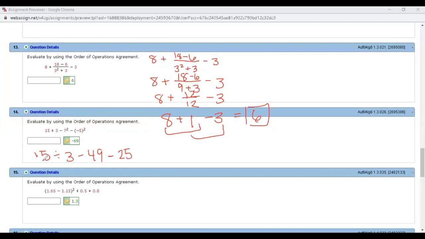Then we have to do 15 divided by 3, which is 5. So we got 5 minus 49 minus 25. Okay? So when you put that in your calculator, you should get negative 69.